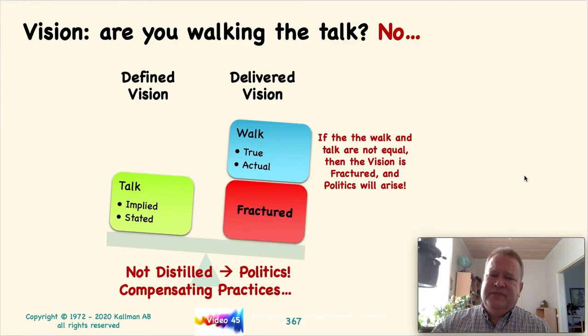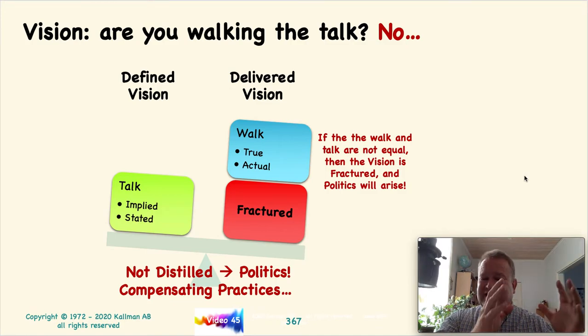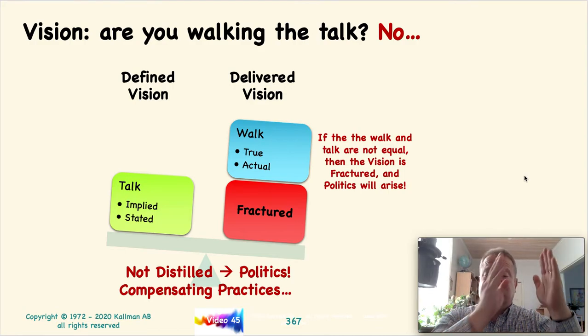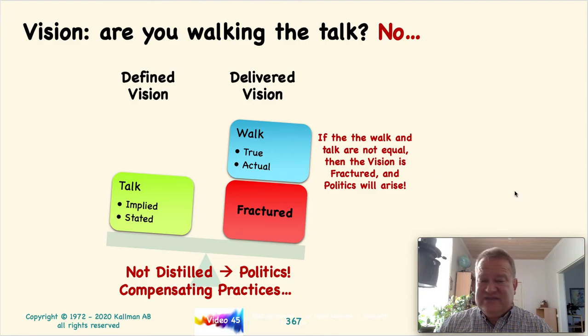But if you're not walking the talk, and it's like that one picture that I shared earlier about that executive where he had nothing but check marks down the poster for every one of the values that were violated. It's the same thing for vision. If you put it up there, you could start putting check marks of every time the executives or the senior leadership have violated what they are saying that they believe when it comes to vision.